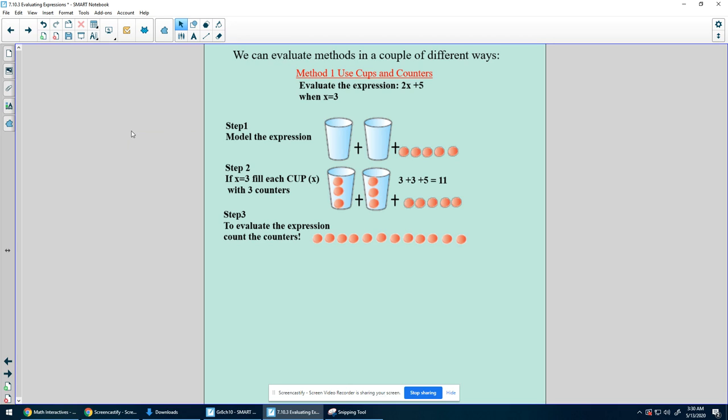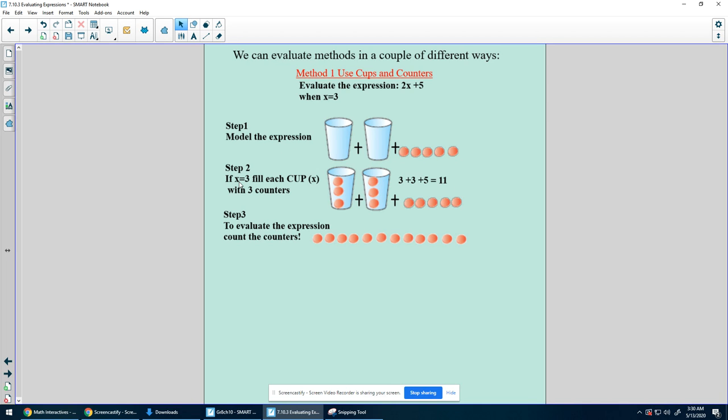Now, we can evaluate expressions in a couple of different ways. Method 1 is using cups and counters to evaluate the expression 2x plus 5 when x is equal to 3. So step 1, model the expression. So we have 2x plus 5 shown here.